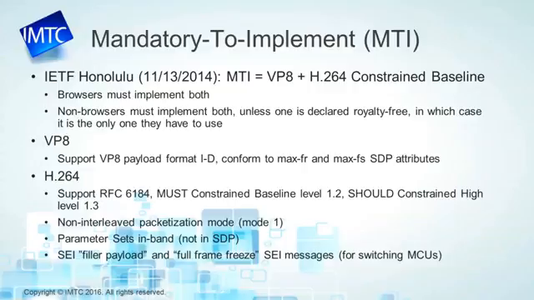Ideally, you should also support a constraint high profile, with better coding efficiency, at level 1.3, which has similar resolution. And you support non-interleaved packetization, which is great. That's the most modern way to use H.264. And you send information in band, not using SDP. So these are the basic requirements.